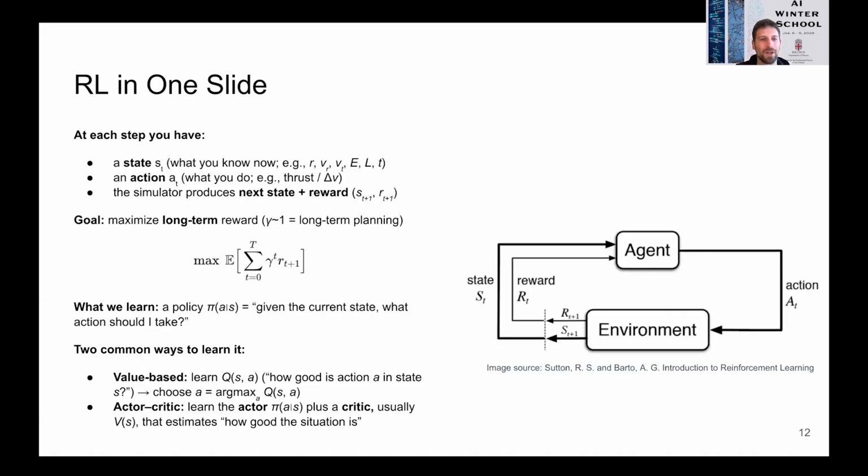It's kind of like reinforcement learning generically in one slide. And again, we're not going to go into all the details, but this should give a high-level gist of what happens in reinforcement learning. This is a famous diagram on the right from a classic textbook for reinforcement learning.